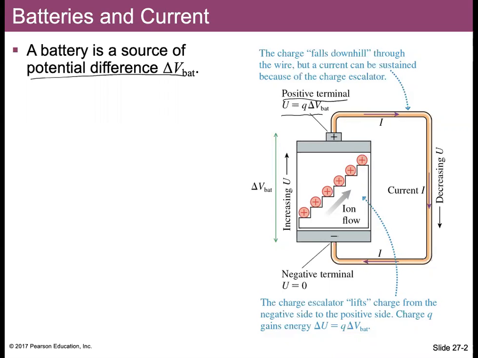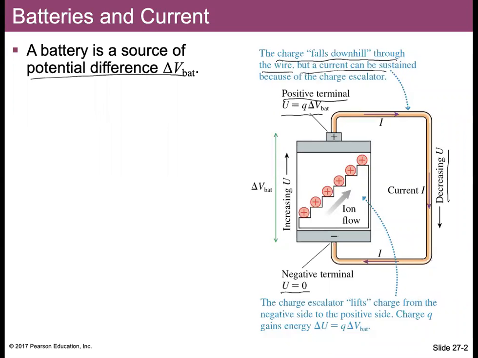As we go along the wire, we have decreasing potential energy, and we get to our negative terminal where our potential energy will be equal to 0. So the charge itself falls downhill through the wire, going from positive potential energy all the way down to 0 potential energy.